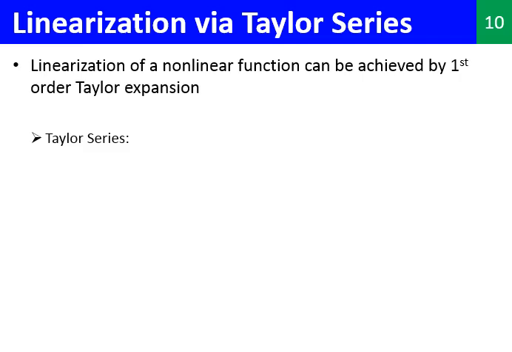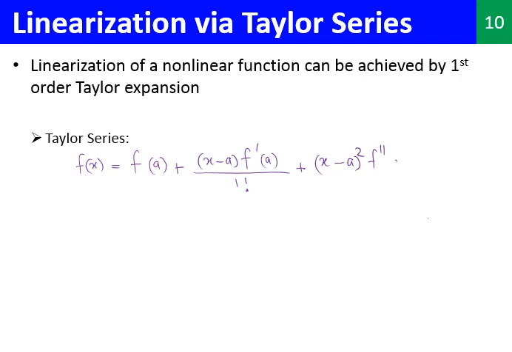So we can write the Taylor series as f(x) equals f(a) plus (x minus a) times the first derivative of the function at a over 1 factorial plus (x minus a) to the power of 2 and the second derivative of the function at a over 2 factorial and so on.